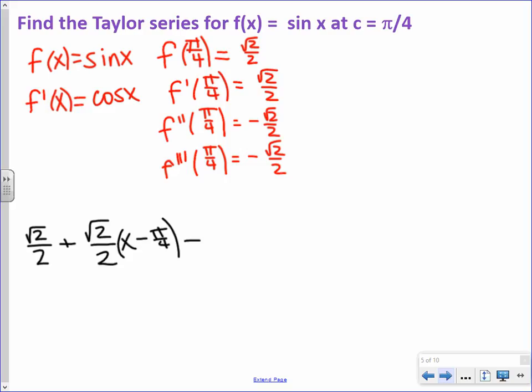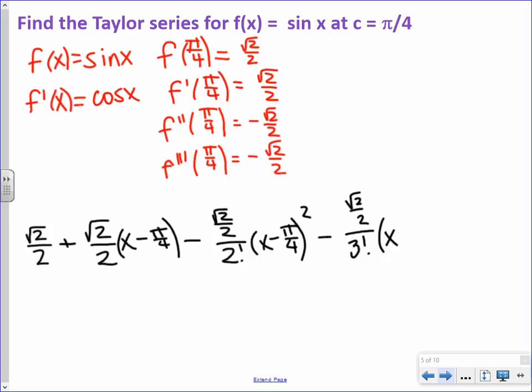And then we have minus radical 2 over 2 divided by 2 factorial times x minus pi over 4 squared, minus radical 2 over 2 over 3 factorial times x minus pi over 4 cubed. And that pattern's going to keep going with the positive, positive, negative, negative, positive, positive, negative, negative.